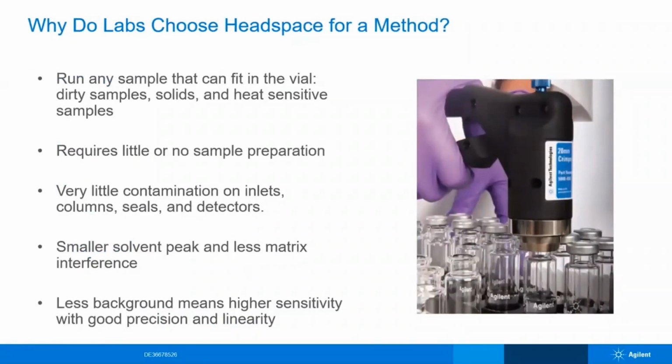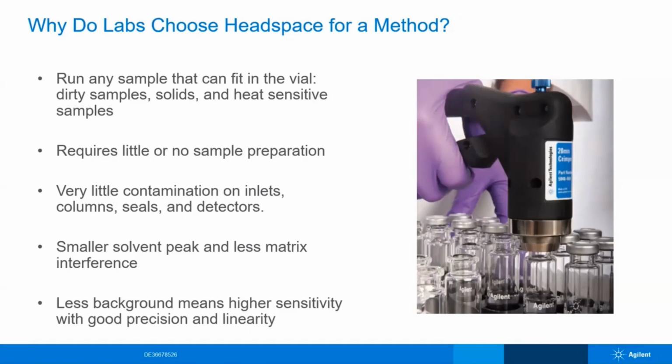So why do labs choose Headspace when they are developing a method? The biggest reason that differentiates Headspace is that it can handle just about any sample that goes into the vial. Anything from dirty samples and solids to heat-sensitive samples, things like dirt itself, metallic samples, anything that can pose a significant sample cleanup challenge is perfectly measurable in Headspace with very little to no sample preparation.